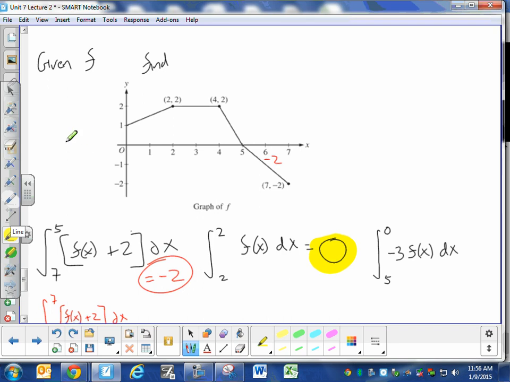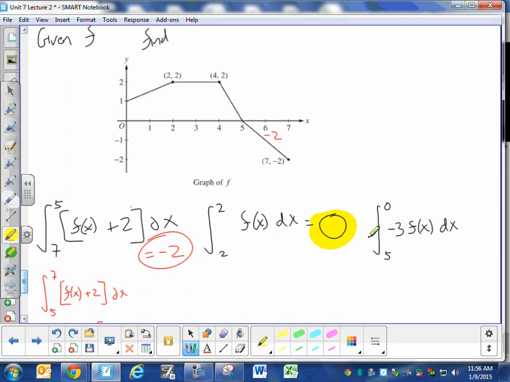It's just 0. And then from 5 to 0 of -3 f of x. So again, 5 to 0, immediately going from 0 to 5 of -3 f of x. So from 0 to 5, we have a trapezoid. Width of 2, so it's 1/2 times 2, and then height of 1 and 2. This will make this 3. And then this is a rectangle. That's a 2 by 2.